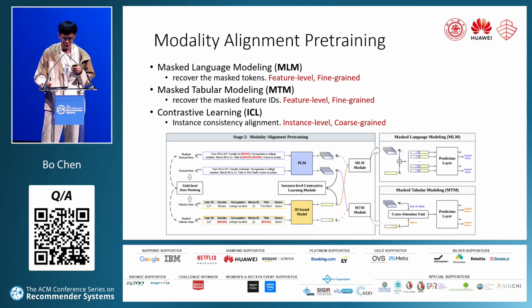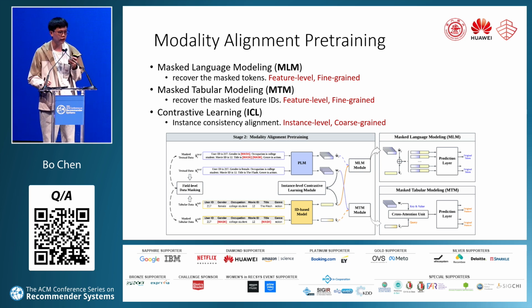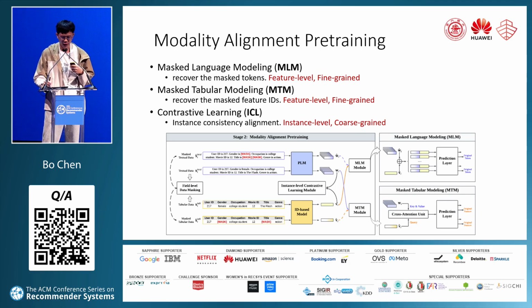Then in the pre-training stage, we apply three pre-training objectives to achieve both feature-level and instance-level alignments between the ID-based models and the pre-trained language models. The first one is masked language modeling, which recovers the masked tokens with the help of the complete tabular data. The second one is masked tabular modeling, which recovers the masked feature IDs with the help of the complete textual data.